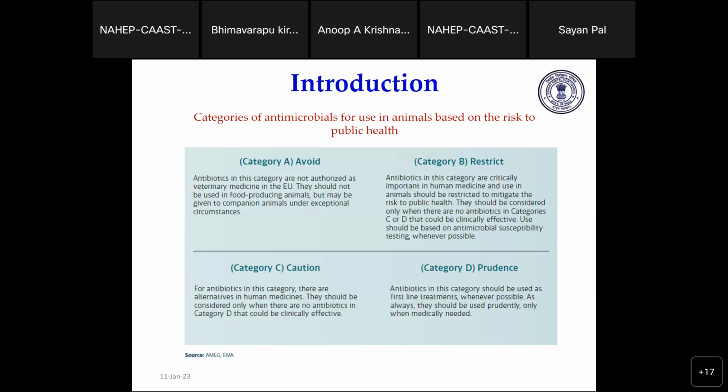They categorize them into group A, group B, group C, and group D, wherein group C and group D are the antimicrobials generally used. In the absence of group C and group D, group B is permitted to be used, and group A ideally is not authorized for use in any animal origin products.